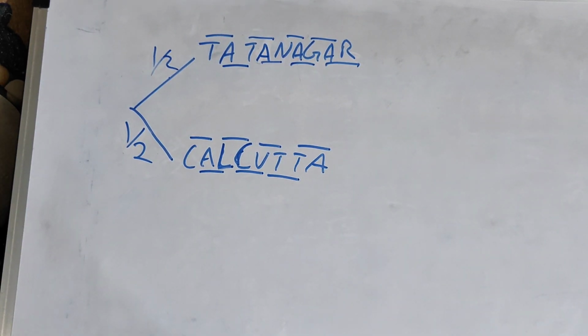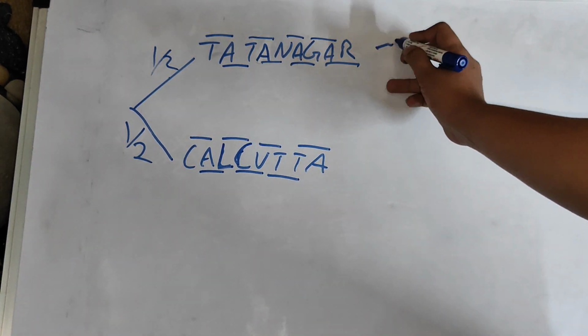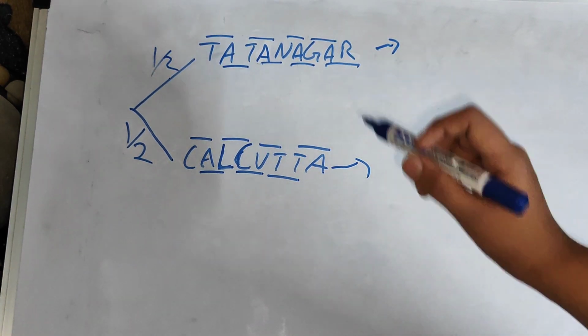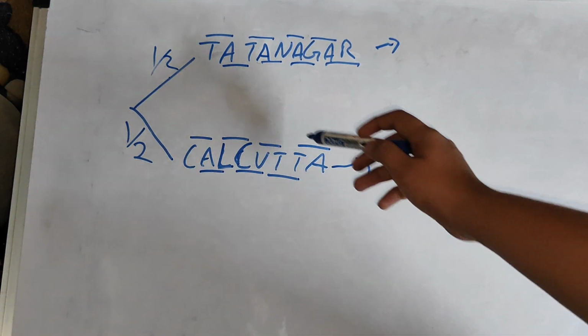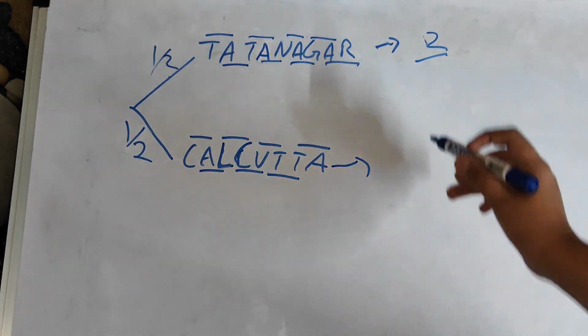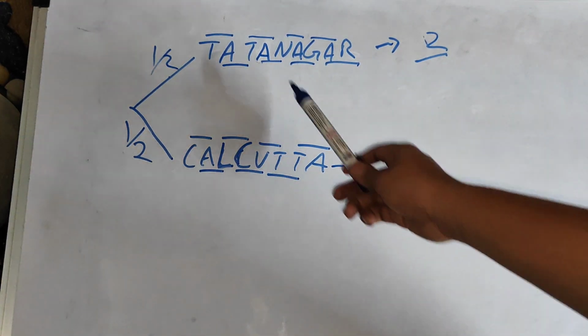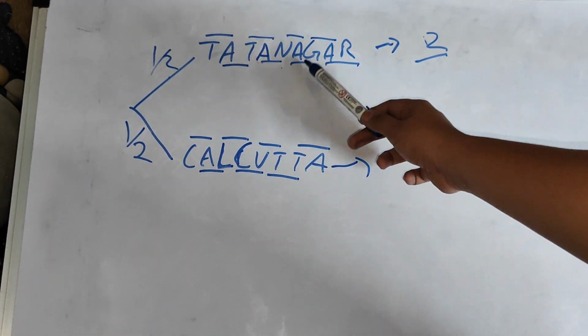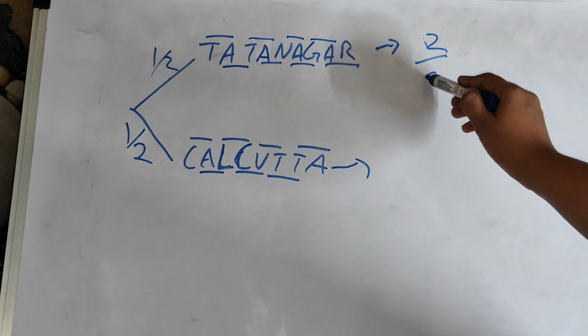Now they said that TA is consecutive. This means how many TAs are possible in this? 1 TA, 2 TAs. So 2 divided by the total number of possible pairs 1, 2, 3, 4, 5, 6, 7, 8, which is 2 by 8.